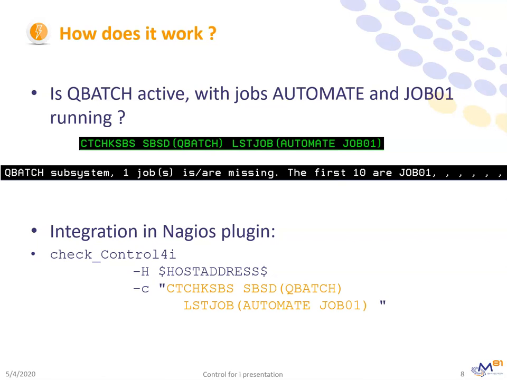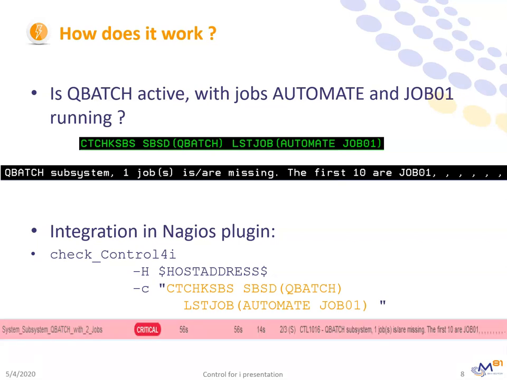For every check we want to monitor, we only have to find the IBM command that does the job, enter it in the 5250 session, test it until we find the good parameters, and make a copy-paste to Nagios. The result in Nagios will look like this. You can see that the message is exactly the one sent by the IBM command.